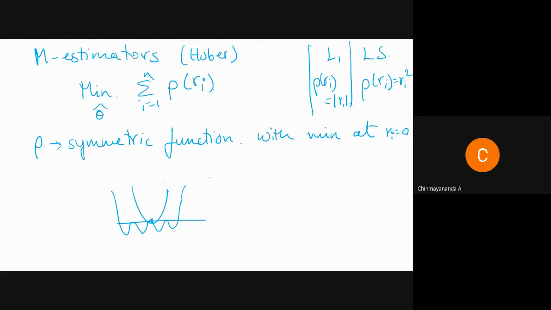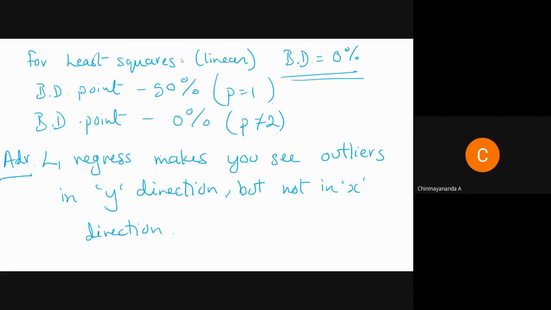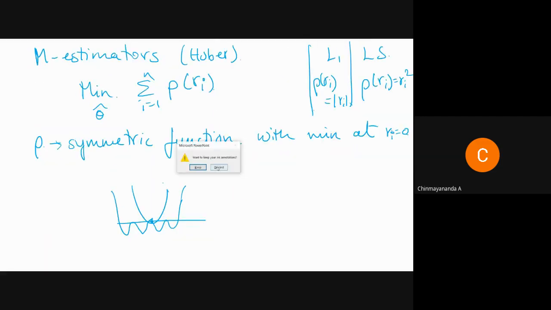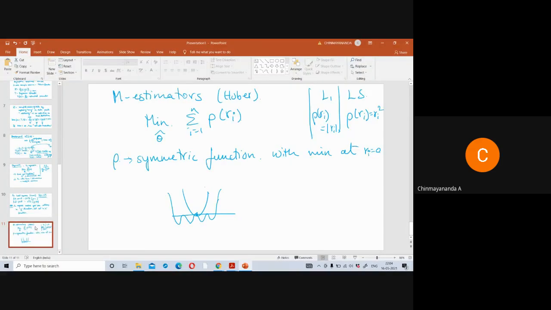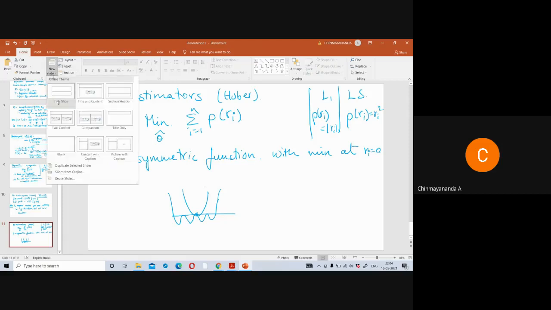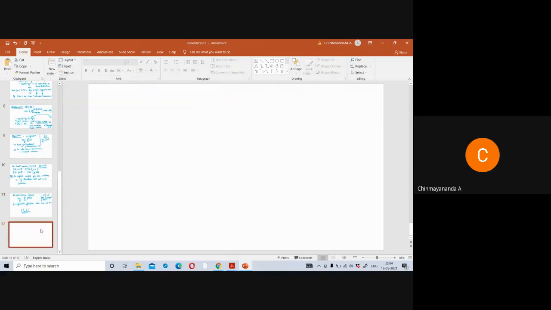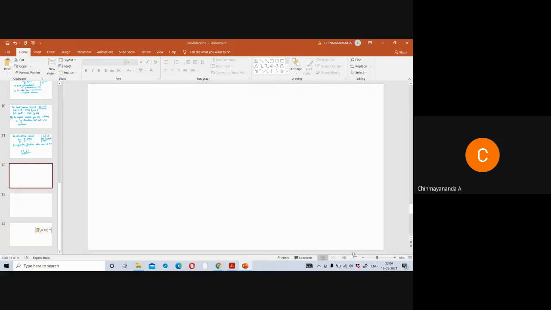Now, obviously, when you have such cost functions, you differentiate the whole thing, the summation of rho of Ri, to evaluate the optimal or minimum point according to our calculus fundamentals.